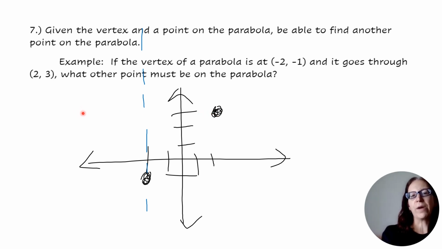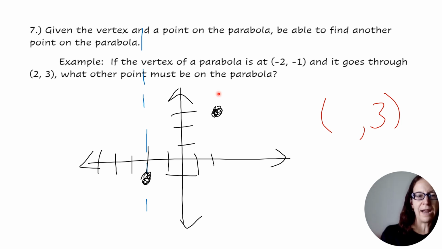So the mirror point is going to be the same height. So it's going to be 3 up. So we got that much. Okay, but it's going to be on the other side of the axis of symmetry. So I'm going to go ahead and put some more tick marks up there, and let's just count it out. So I go 1, 2, 3, 4.